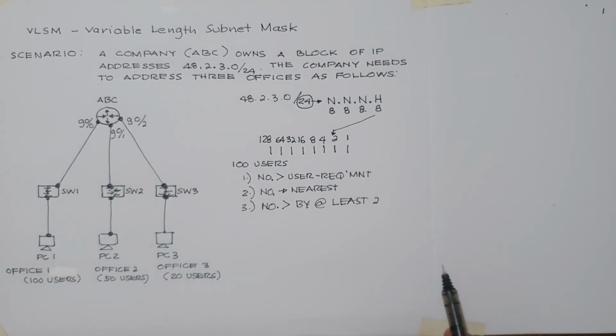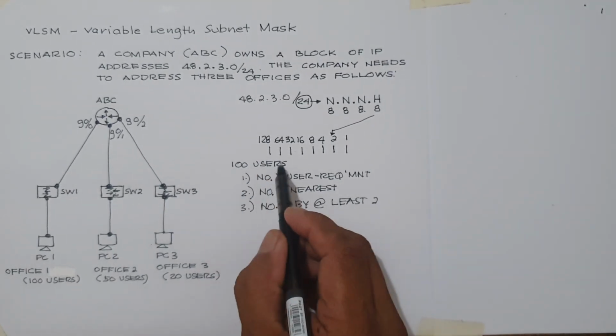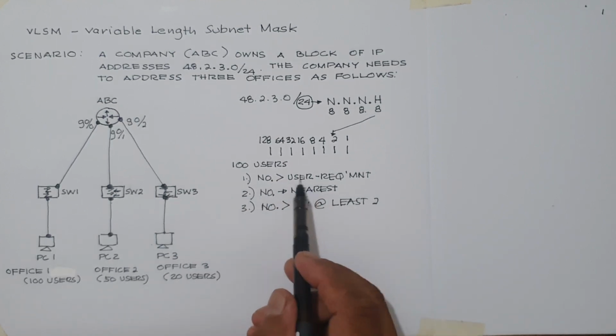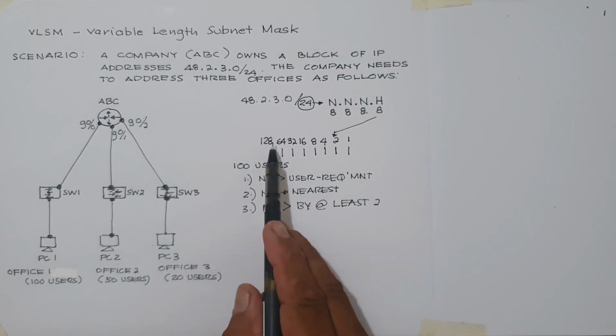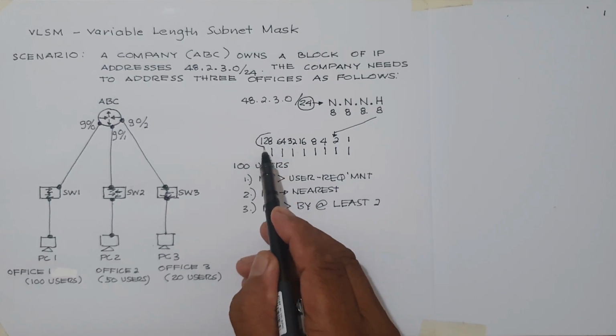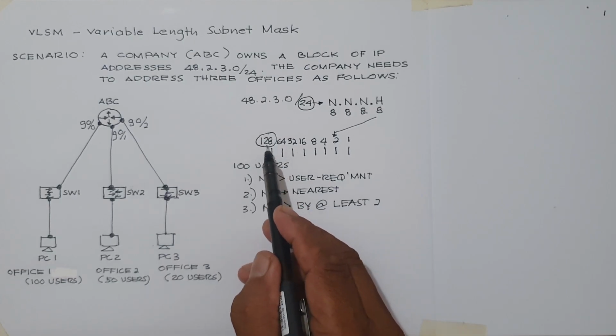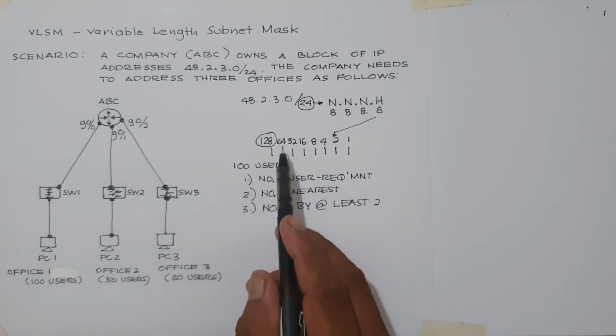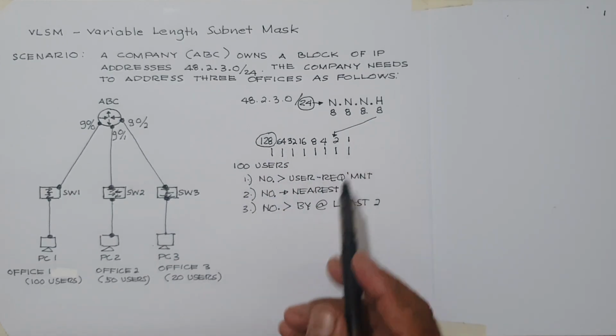Okay, so let's start with 100 users. First criterion, number must be greater than 100. So which of these numbers is greater than 100? It is only 128. Now, okay, so let me just circle that. This is the only number that is greater than 100 users among all these numbers.